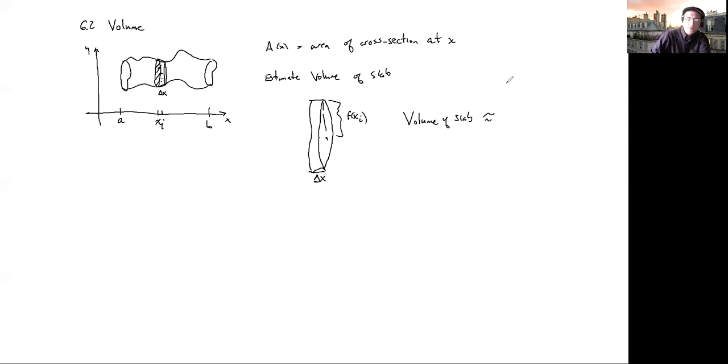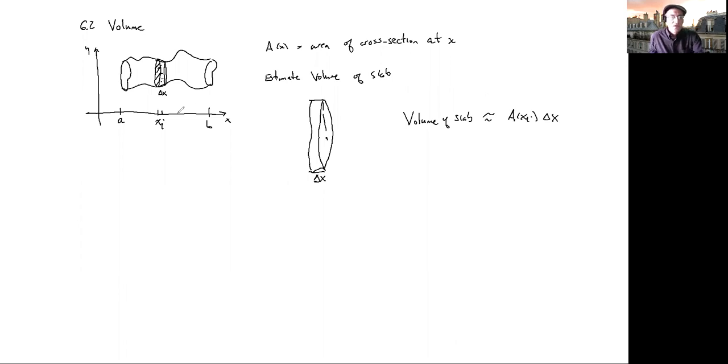Well, let me retract that. Let me go back. So suppose we just, let me erase this. We don't have a function here. Okay, so we have the area at x. So that's given by, if this is xi, we're going to take the area A of xi. So let's do that. So the volume of the slab is the area of the side times the thickness.